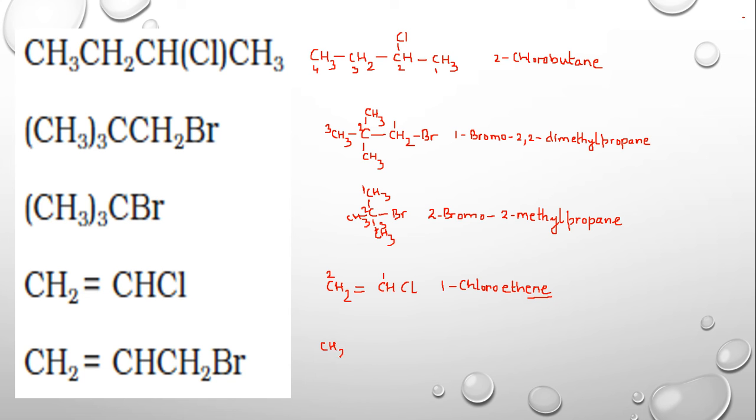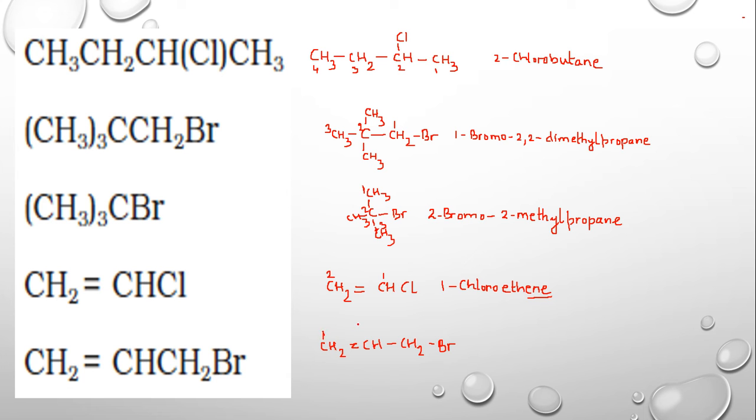So you have CH2 double bond CH, which is attached to CH2 and Br. Now in this case, you will wonder whether you're going to start the numbering from Br side or from CH2 double bond side. So in such cases, you're going to give priority for alkene.